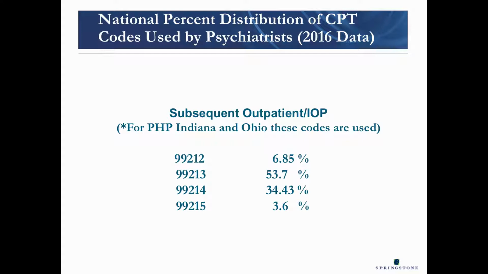Probably even a number of these patients who were billed at 215 were billed there based on time for counseling and coordination of care rather than complexity. And let me show you how we can use time based on counseling and coordination of care to determine the level of the bill.